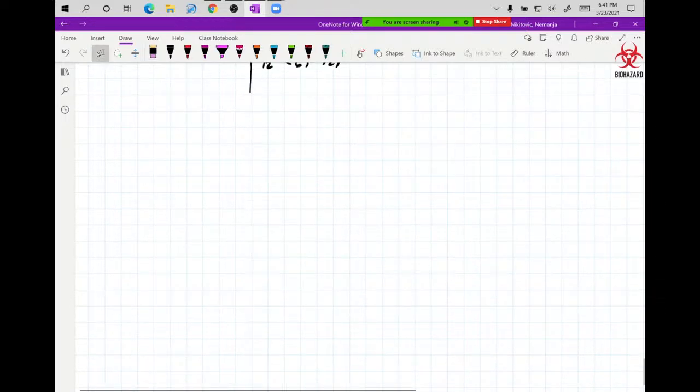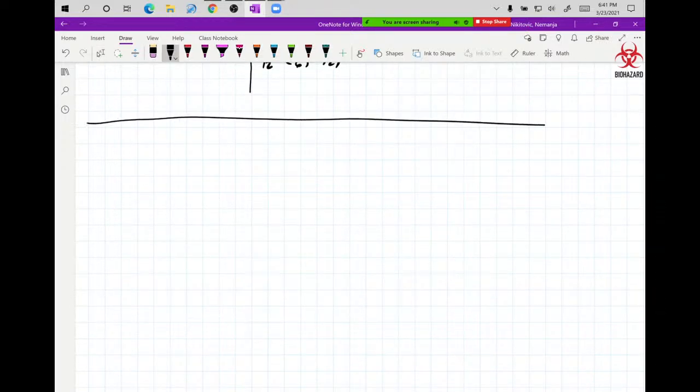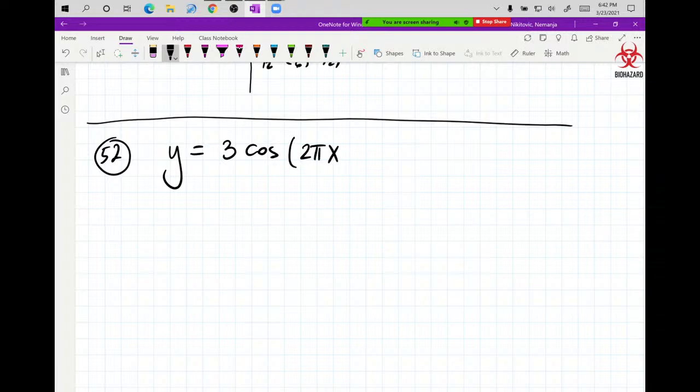All right. The last, I hate to call this a type of problem, but the last one is the one where the pi's will be a little bit reshuffled. Let's see. Problem 52, for instance. Y equals 3 cosine of 2 pi x plus 4 pi.